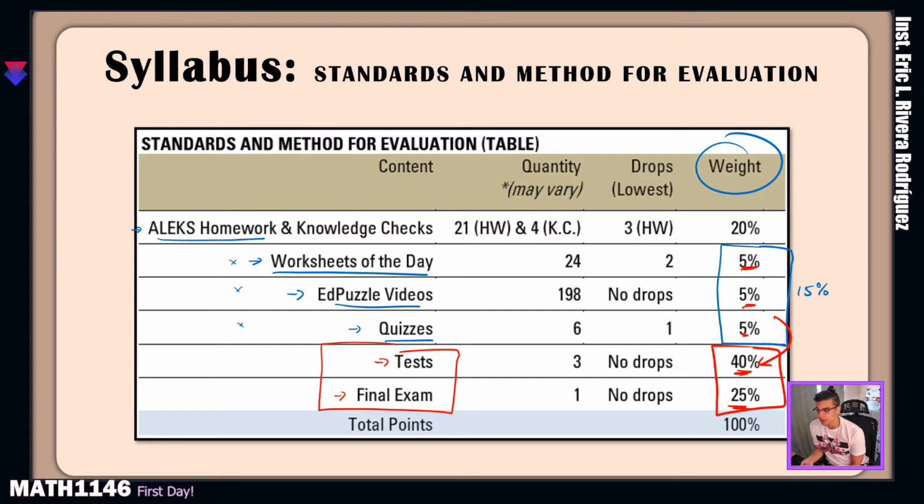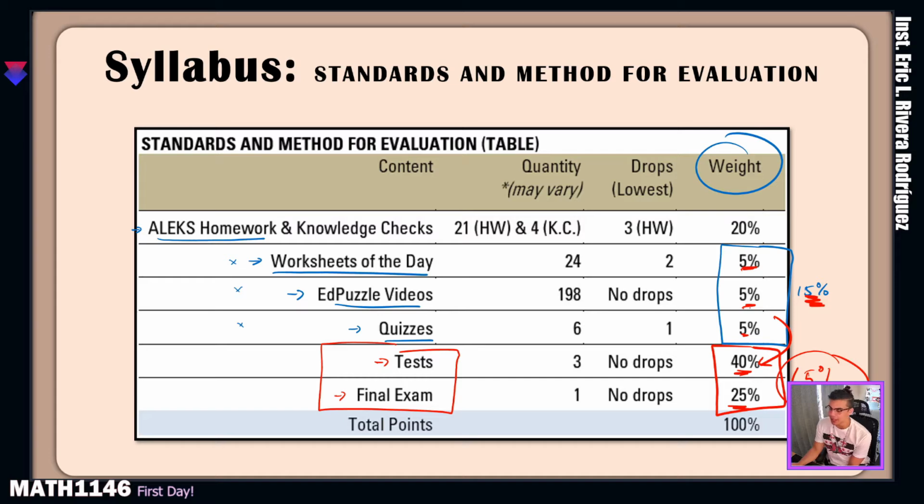40% for the tests, 25% for the final exam, 75% in total. Okay, so if you got 100% with worksheet of the day, puzzles and quizzes, you are not going to pass the class. So keep that in mind. Your grade should be consistent.